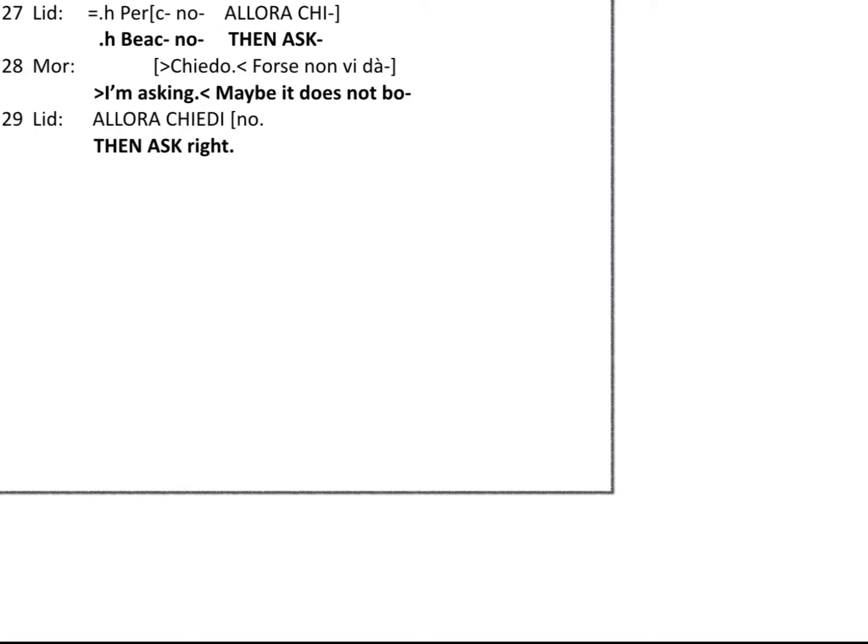So obviously the language is not transparent, but from the tone of voices and the volume, you can start seeing something similar to the very first case with overlaps, raising the volume of their voices, and she challenges the staff member. Then you should ask.